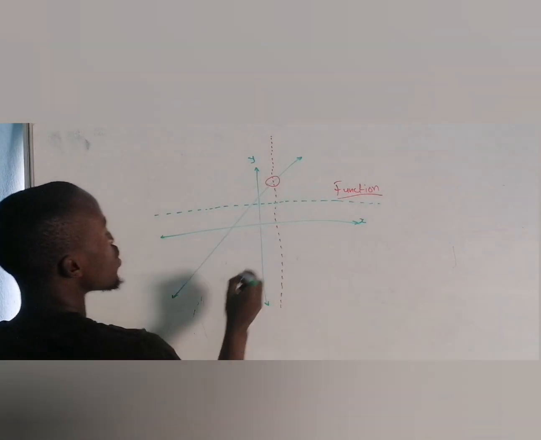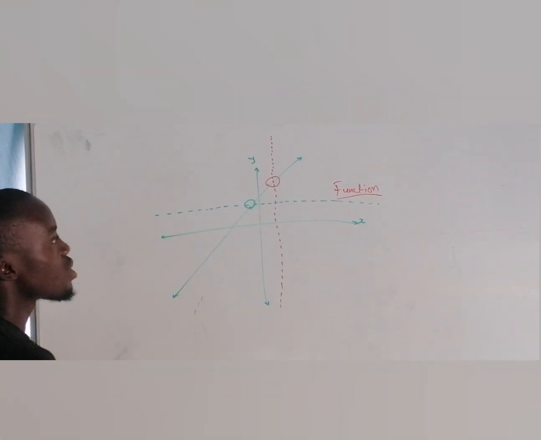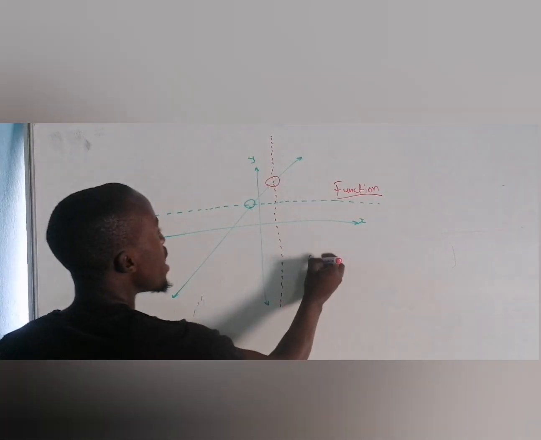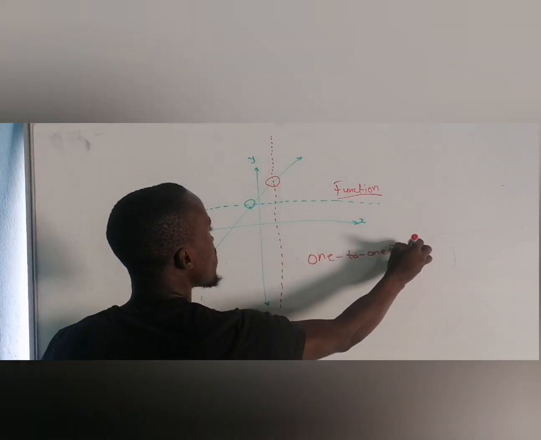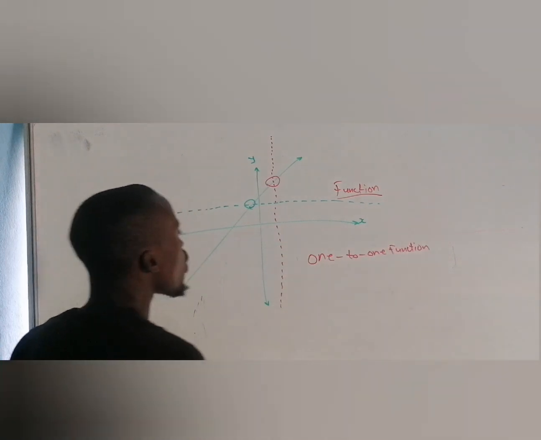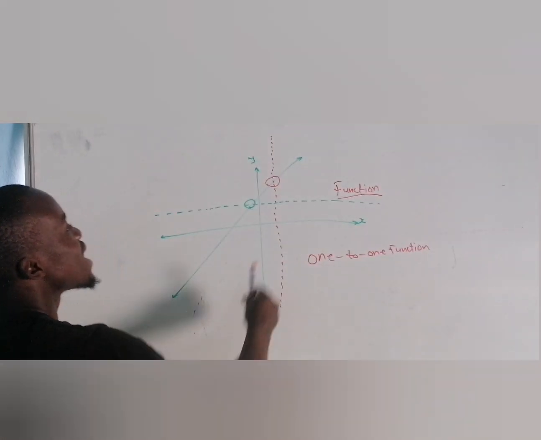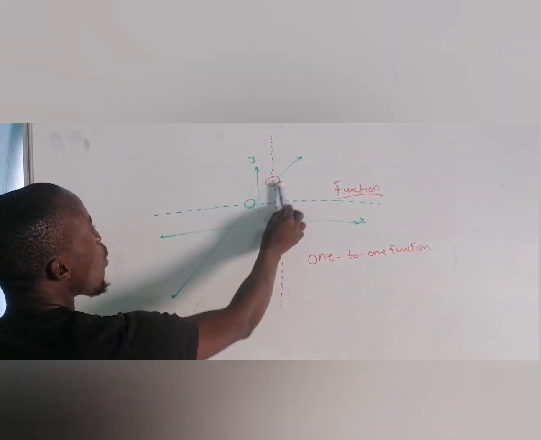You can see that the horizontal line test touched the graph once, at one point, meaning it is a one-to-one function. So why are we saying that this is a function? It is because the vertical line test touched the graph once.